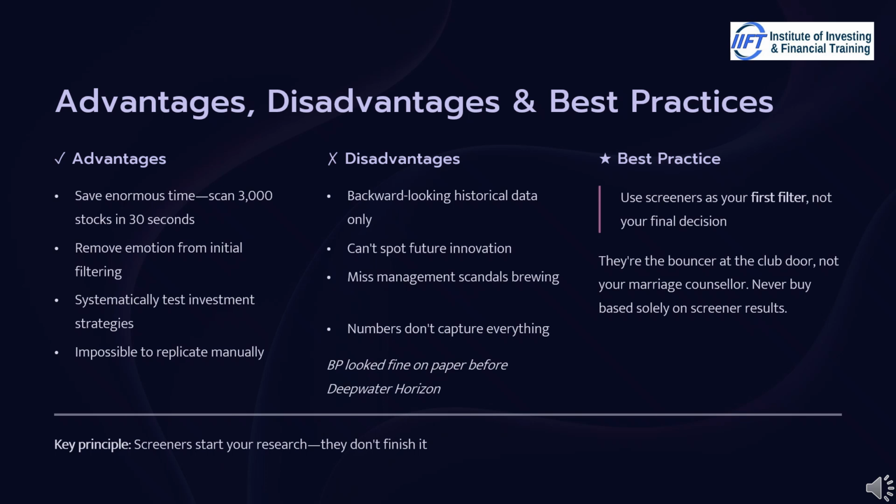Now, the disadvantage, really the main one, is that you're backward looking at historical data in order to come up with these criteria. So that doesn't necessarily reflect on what's going to happen in the future, but it's the best of the information that we've got, so that's why we're using it. But best practice really is to use a screener for your first filter and not your final decision making.